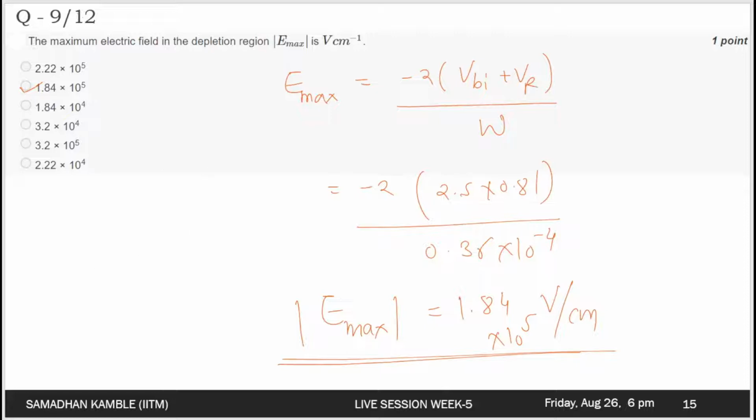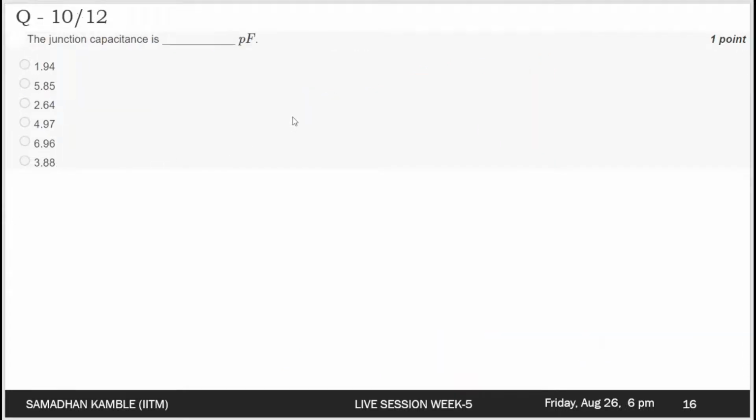Okay, so let us go to the last question based on the data given in the previous slide, and that is the junction capacitance in picofarad is asked. If you review equation number 10 in the recap slide, we have the depletion capacitance or the junction capacitance given as epsilon silicon by the total depletion width.